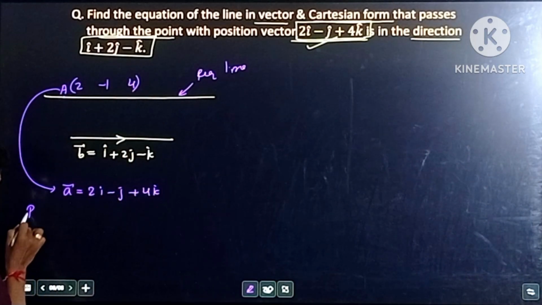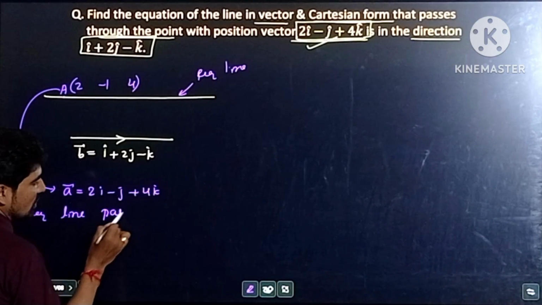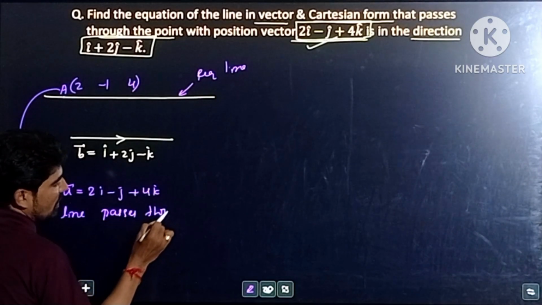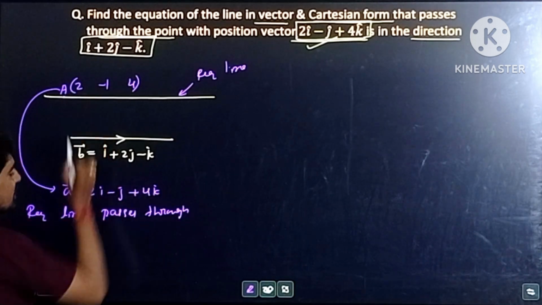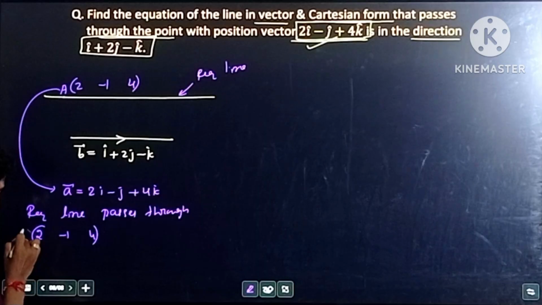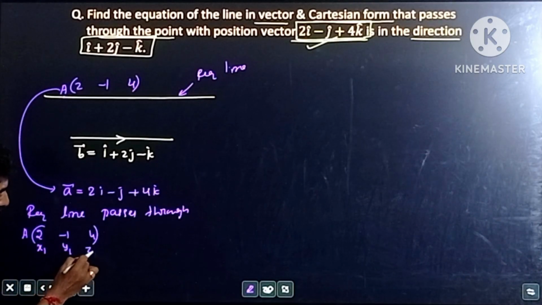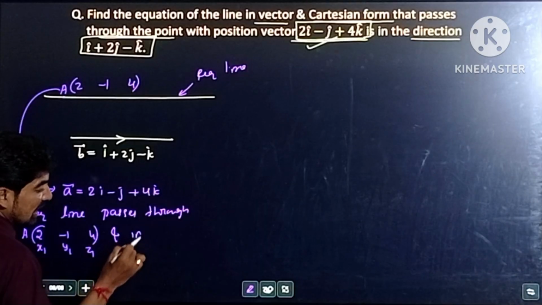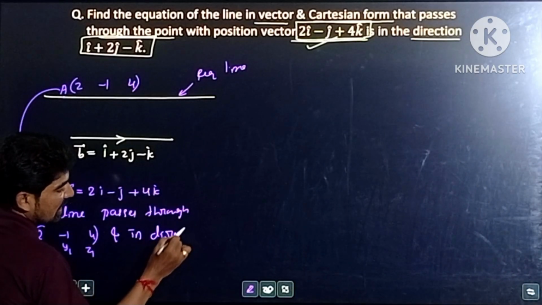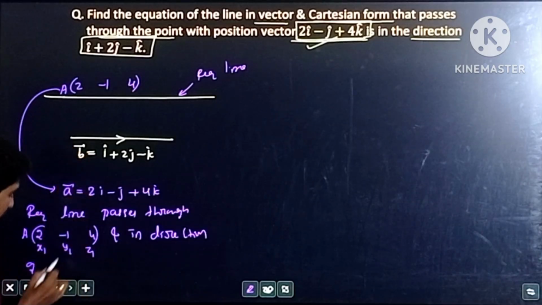So since the required line passes through which point? 2, -1, 4. Let's say point A, whose coordinates are defined by x1, y1, z1, and in the direction of the B vector.